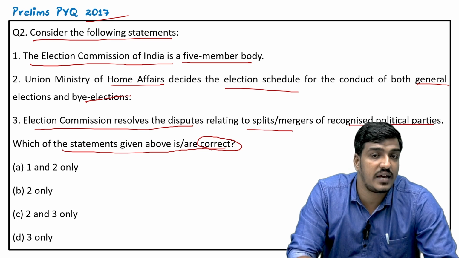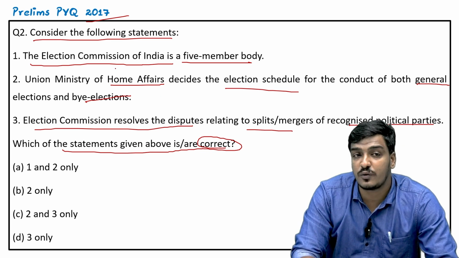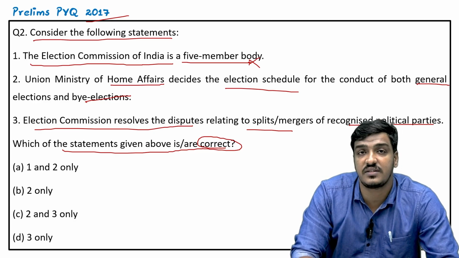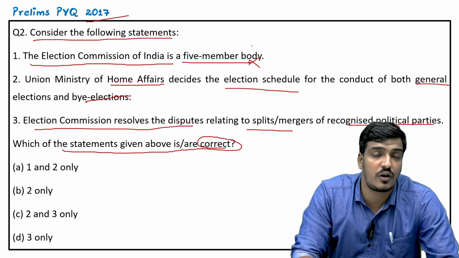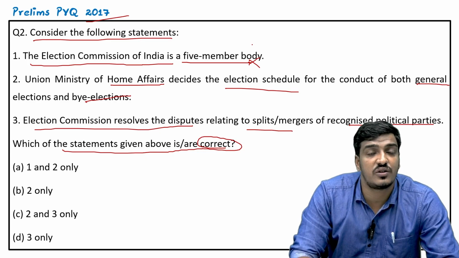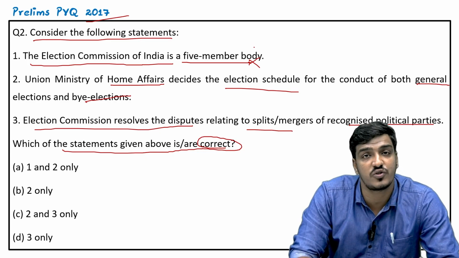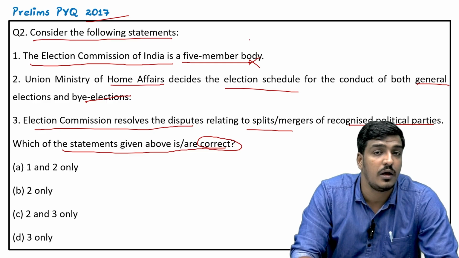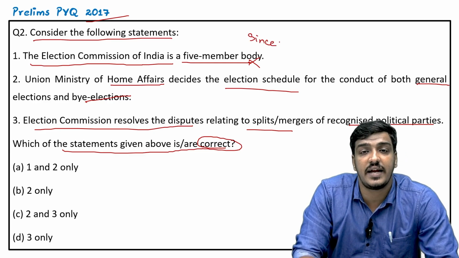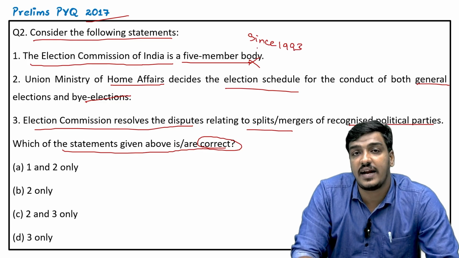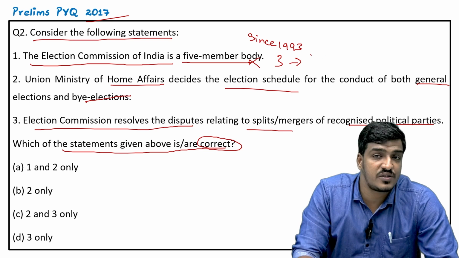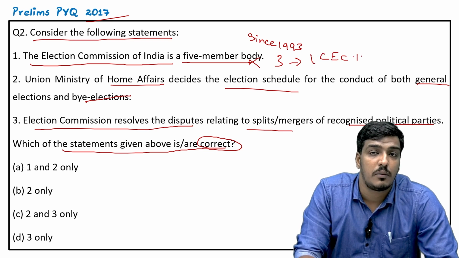In this question also they ask about the correct statement. The first statement was incorrect, as we said in the morning discussion, that initially, on the introduction of the Election Commission as a constitutional body in the Constitution, it was constituted as a single member body, but since 1993 it transitioned from a single member body to a 3-member body, consisting of one Chief Election Commissioner plus 2 other Election Commissioners.